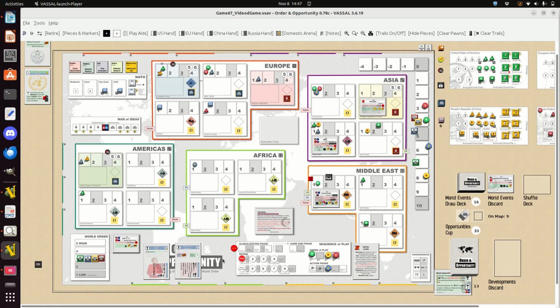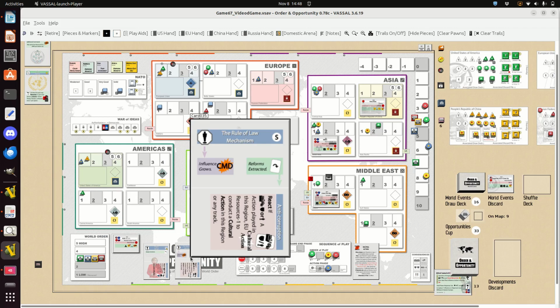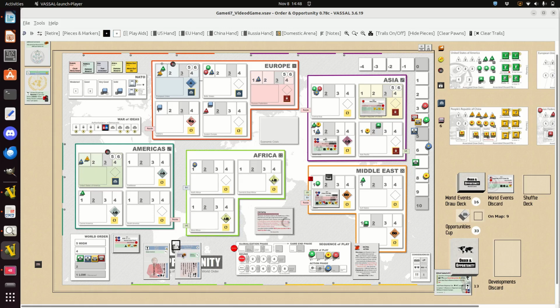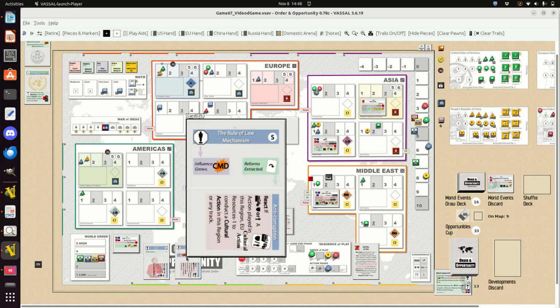So now this political suit card here, the rule of law mechanism, has a so-called momentum effect here. It's the text here on the purple background saying influence grows.